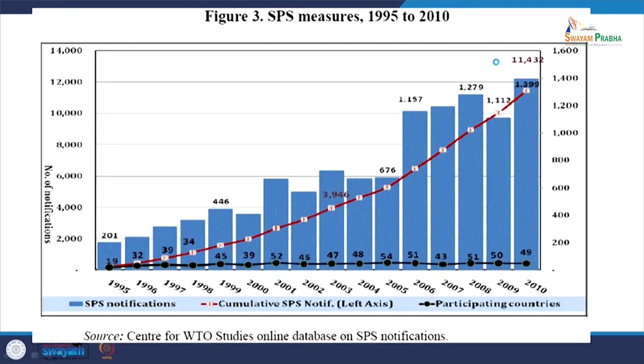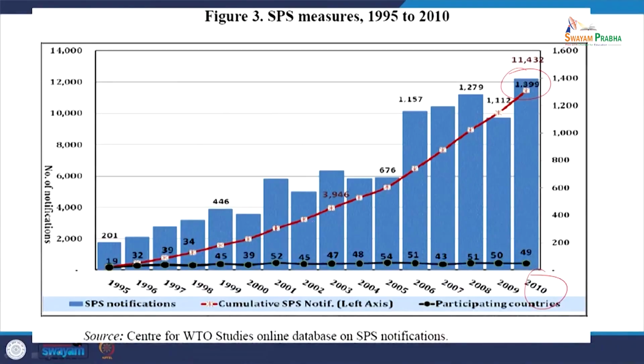Now, looking at the SPS measures during the same period, 1995 to 2010, the number of notifications we have already emphasized was 1399 in this particular year. In total it is 11,000 plus notifications over the years till 2010, but that has again increased to 18,000 in 2014.